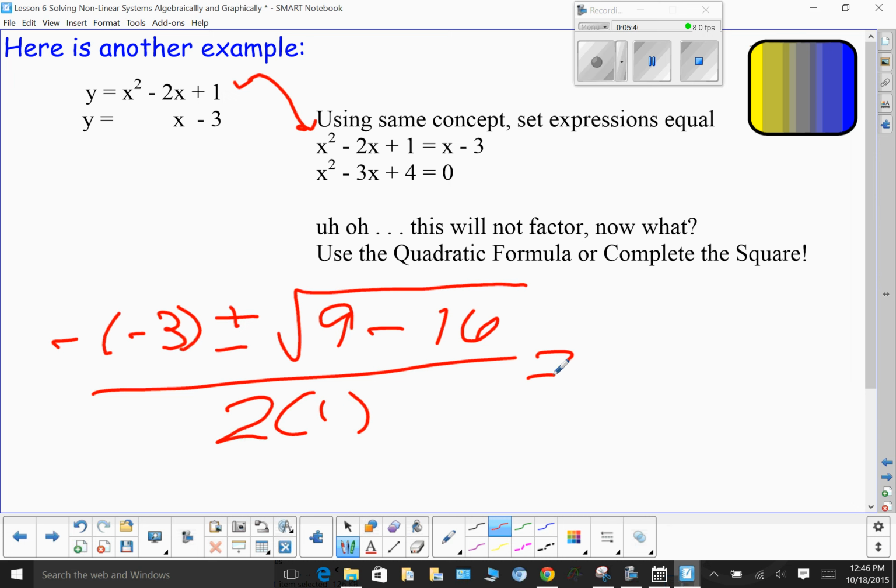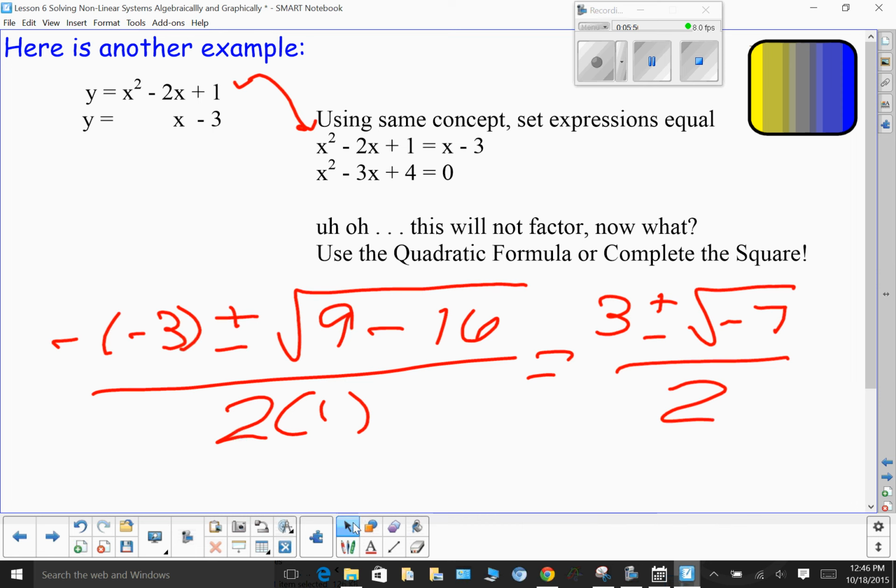Going through all this, negative 3 is a positive 3, plus or minus the square root of negative 7 all over 2. Uh-oh, we can't do this, not yet. When you look at this, you're going to notice that we have a negative under the radical. Remember that the discriminant tells us that this means there are no real solutions. No real solutions. So again, look here. We've got 3 plus or minus i root 7, all over 2.